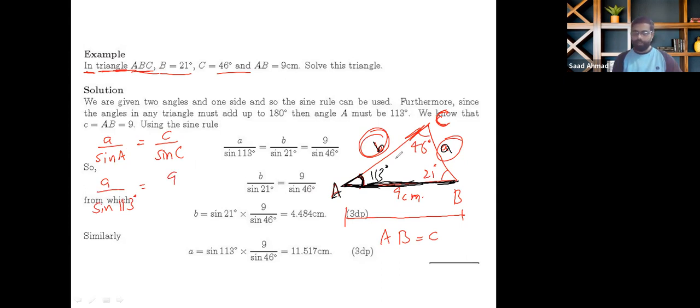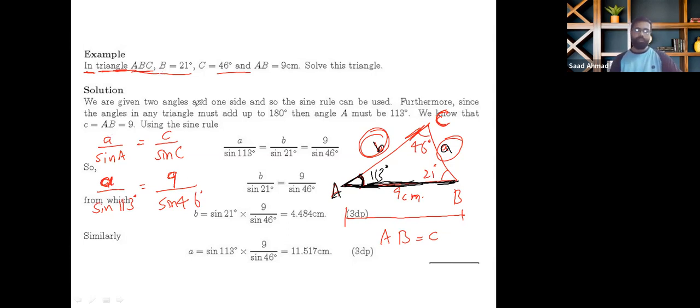C is the side opposite angle C, right? And the angle C is 46. Like this. This is 9, and this is A.